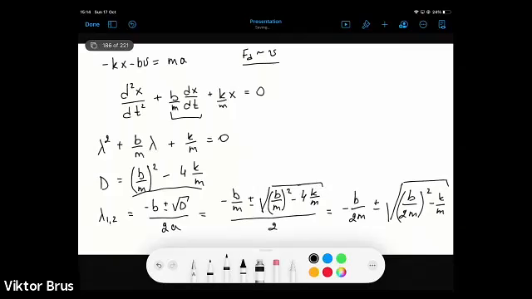Okay, so now we have the solutions of our characteristic equation. And before we proceed further, for convenience, in order to reduce the number of terms we use, we should make the following substitutions. Let us denote gamma as b divided by 2m, and omega 0 as k divided by m.